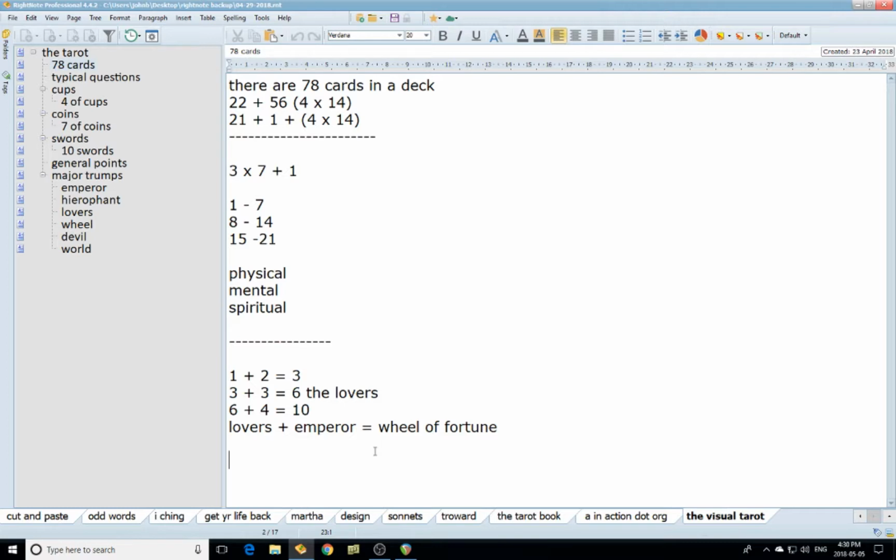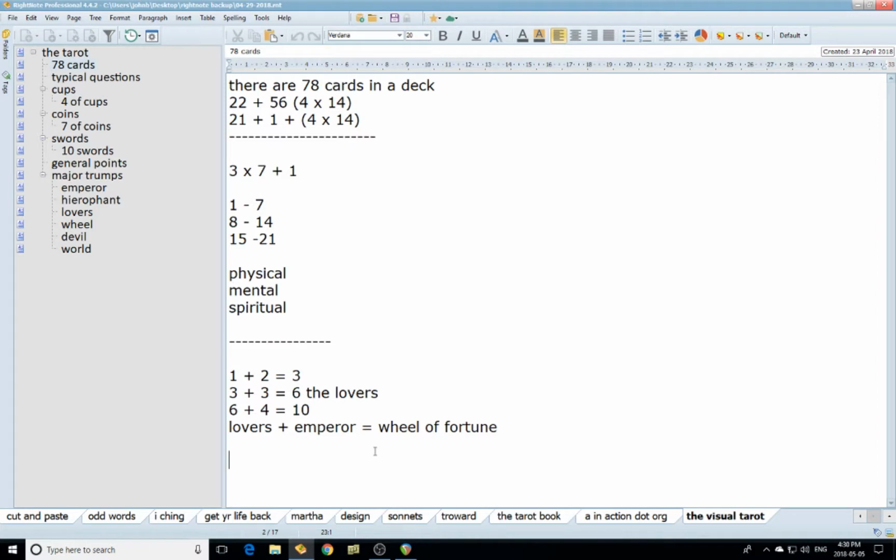And he does things and he is decisive. And if you act like the Emperor when you're represented by the Lovers, then the answer is the Wheel of Fortune. Maybe what happens is you get to control life, because the Wheel of Fortune can represent life with a capital L. So the Lovers plus the Emperor equals the Wheel of Fortune.